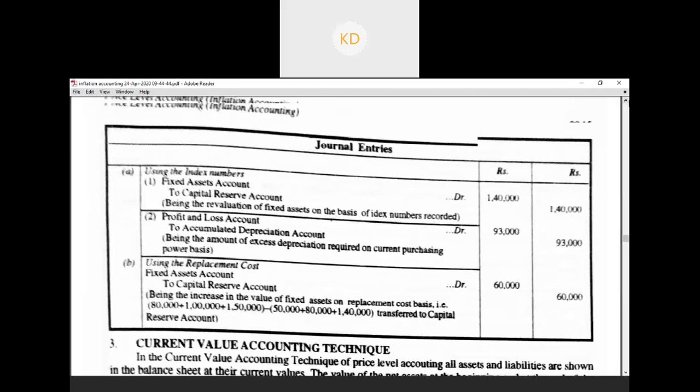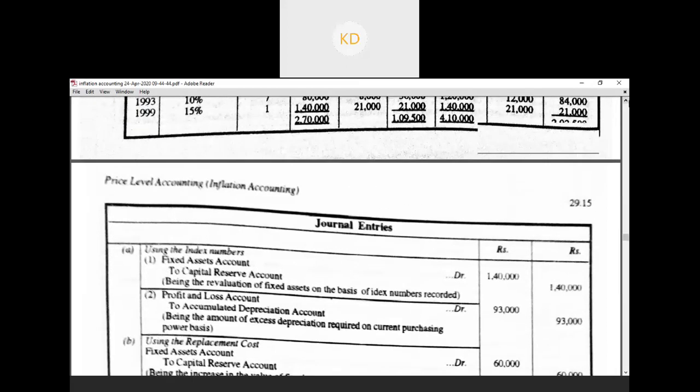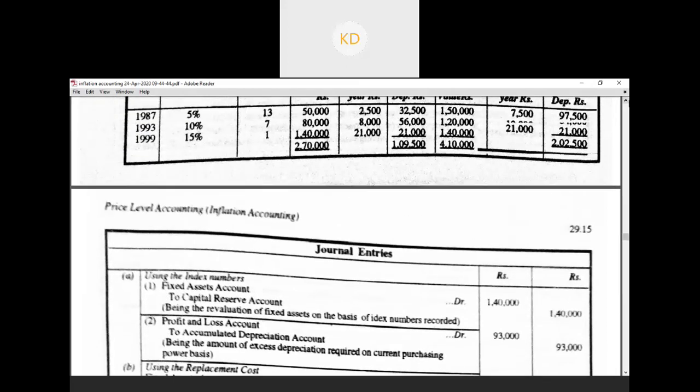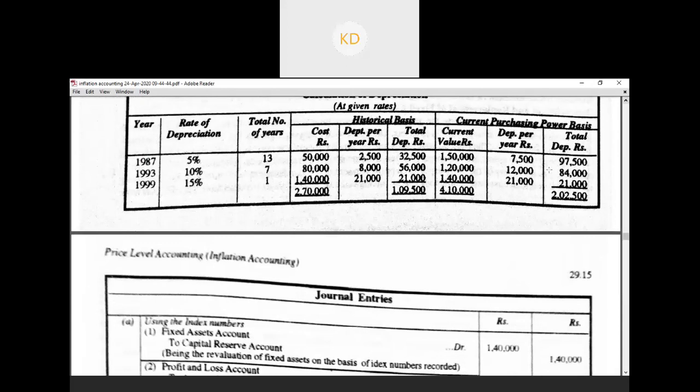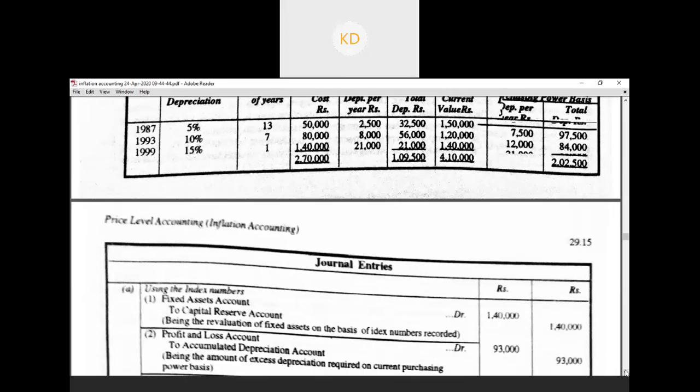Similarly, for the extra depreciation due to the inflationary pressures, on converted value I have 2 lakh 2,500 as depreciation. On historical cost I have 1 lakh 9,500 depreciation. 2 lakh 2,500 minus 1 lakh 9,500 will give you an amount of 93,000.